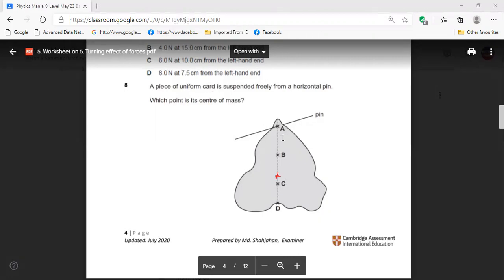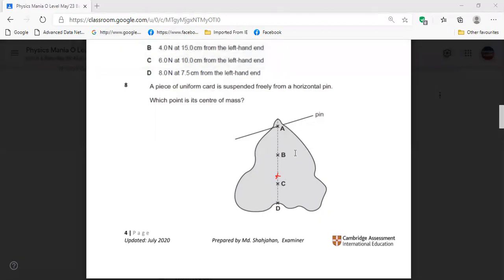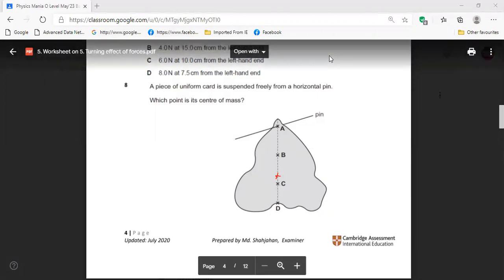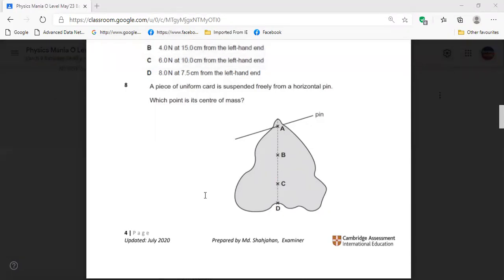How about we try using the diagram? Yes, it makes more sense. When I see the diagram, I see that it's supposed to be C. This part is a little bit wide, right?